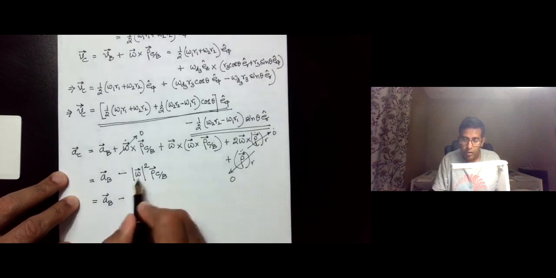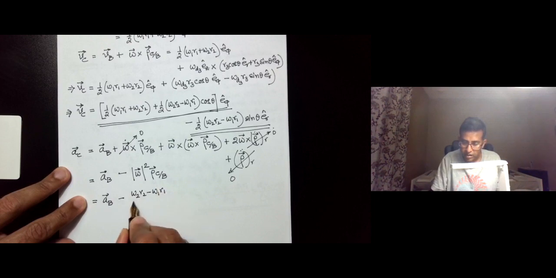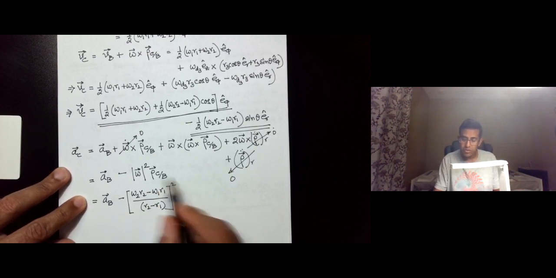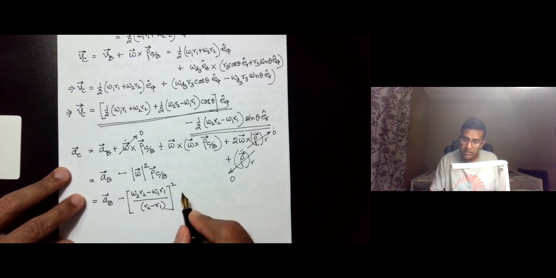So essentially you have AB minus, this is omega d3 squared, so omega 2 r2 minus omega 1 r1 divided by r2 minus r1, whole square, times rho C with respect to B, and that vector is already known.